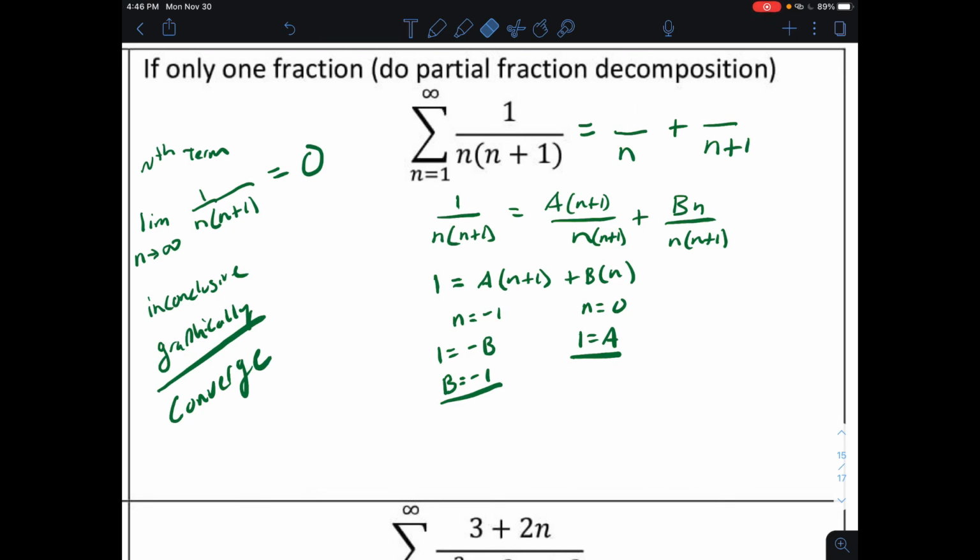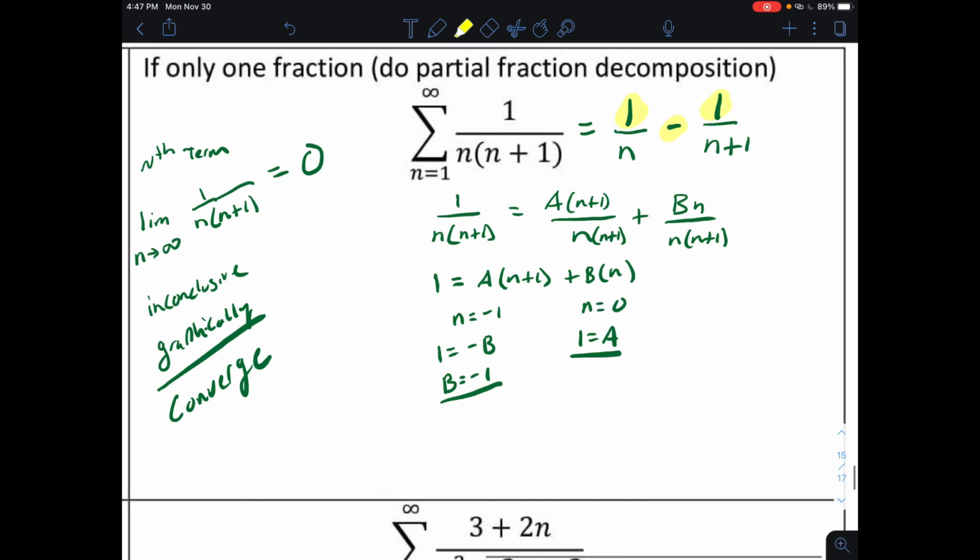I know that a is 1 and b is -1, so I can make that plus become a minus. This is an equivalent form of the expression that we're evaluating the sum for.